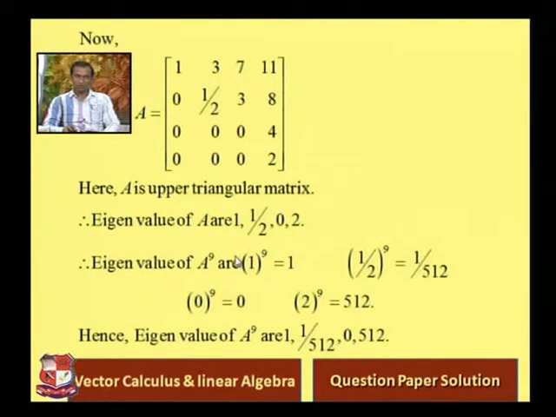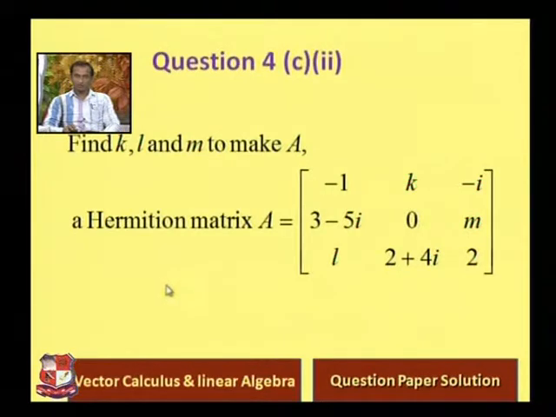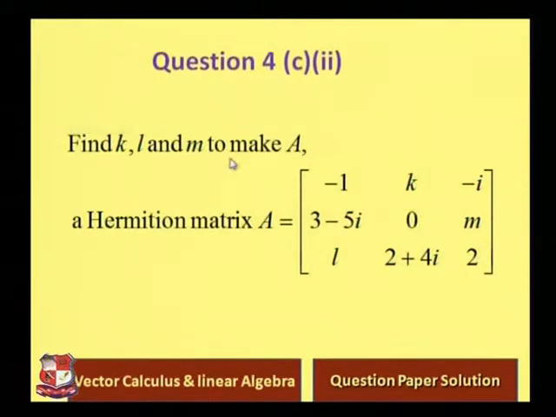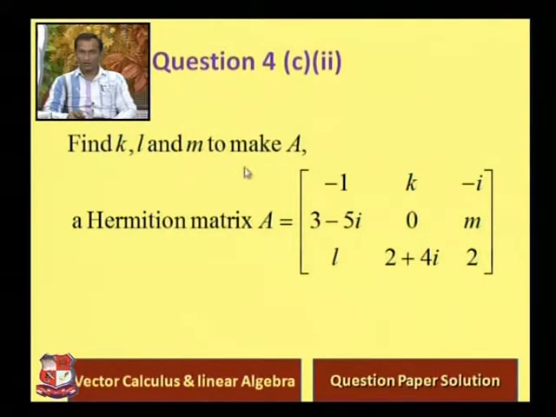Okay, so now the next example is question number 4 C2. Find K, L and M to make A a Hermitian matrix, that means three unknowns: K, L and M. If we find K, L, M, then this matrix is Hermitian.